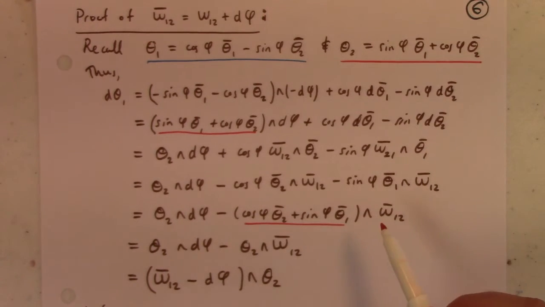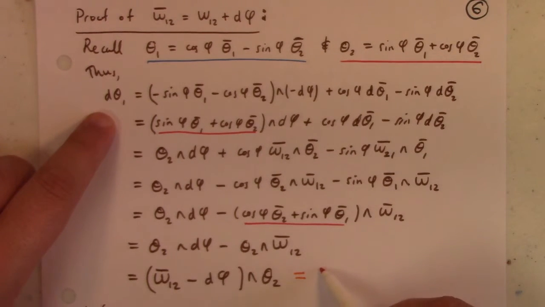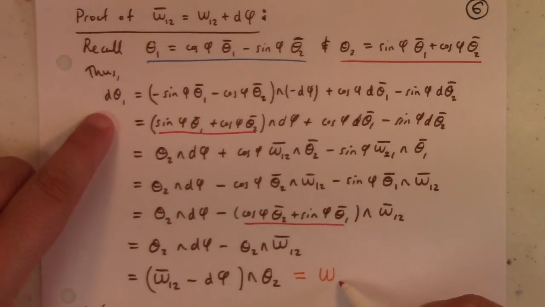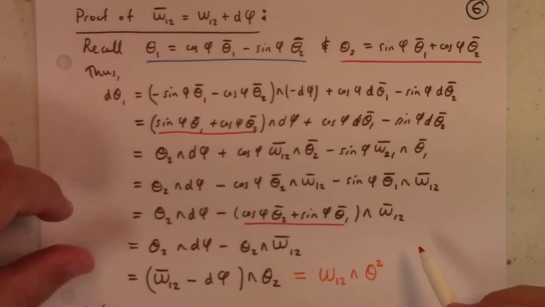So d theta bar 1 should be equal to what? d theta bar 1 should be equal to, for example, omega, let's see here, I think it's 1, 2 wedge theta 2, right? Now I've been putting the 2 upstairs, so sorry. I probably should put it downstairs to be consistent with this lecture, but oh well.